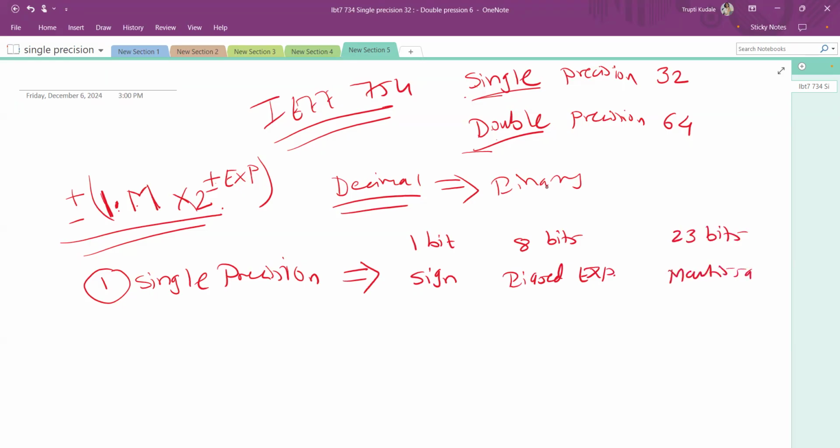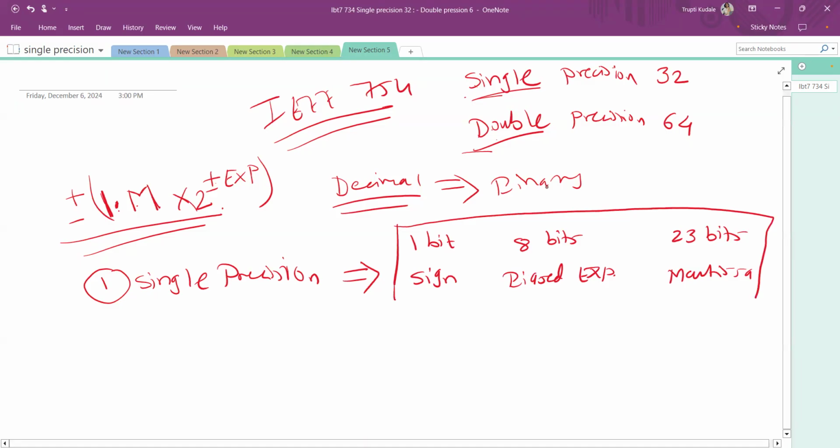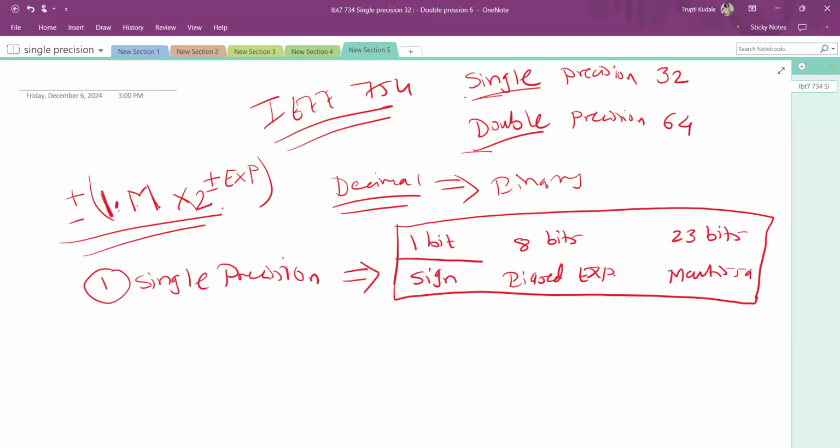The bits after your binary point, the fractional part of your number, are called significant bits or mantissa. Okay, so this is the format for single precision.